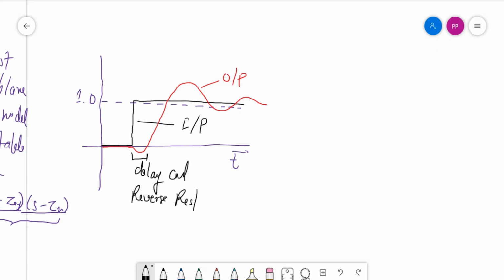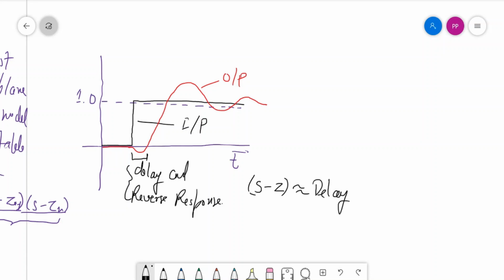Because of the RHP zero dynamics, there is a reverse response, which is the same as the delay of the system, because if you have a system with a zero like s minus z, this can be approximated to a delay term.